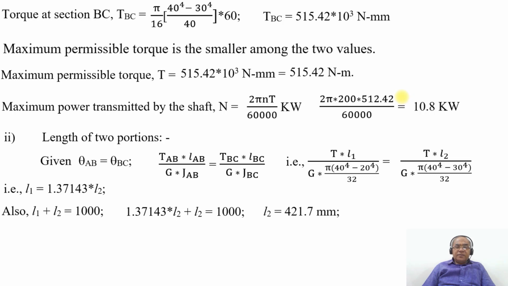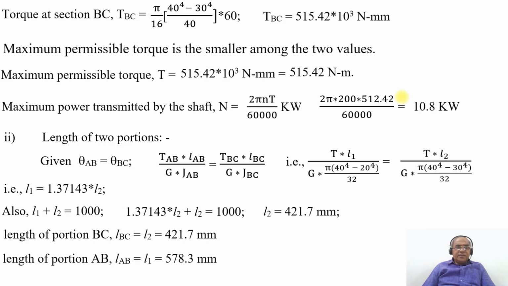So L2 will be equal to, on simplification, 421.7 mm. So the length of the portion BC, LBC, will be equal to L2, which is 421.7 mm. And the length of the portion AB, that is L1, will be equal to 1000 minus 421.7, which is 578.3 mm.